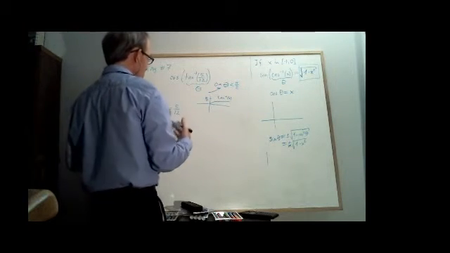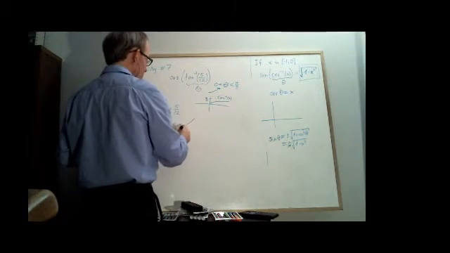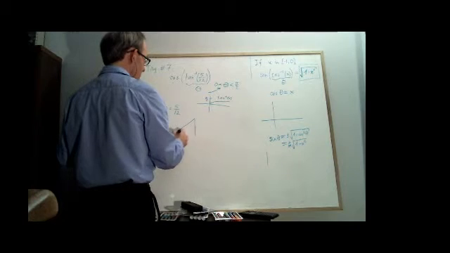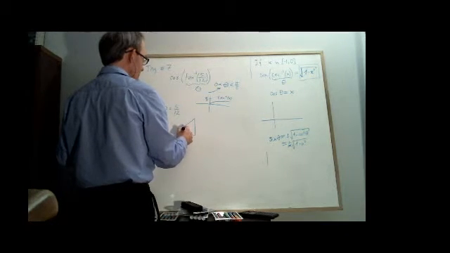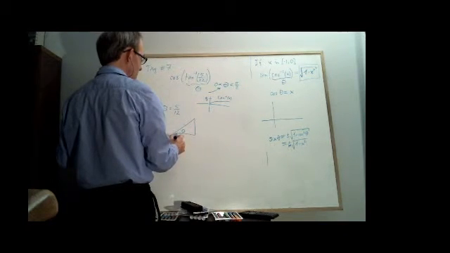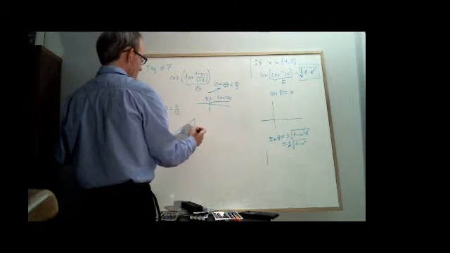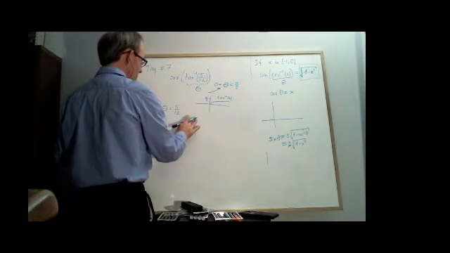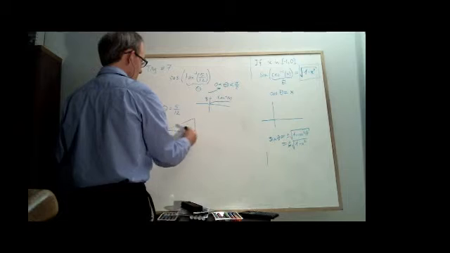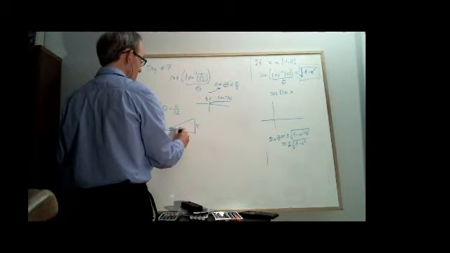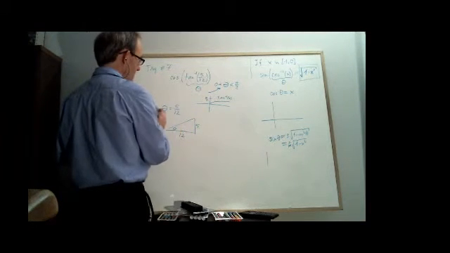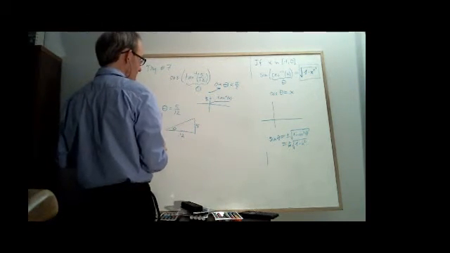Now let's construct a triangle which has an angle theta with that value of the tan. I'm not drawing it accurately, but it's going to look something like this. This side should be 5, and this should be 12. That will give me the correct value for the tangent of this angle theta.